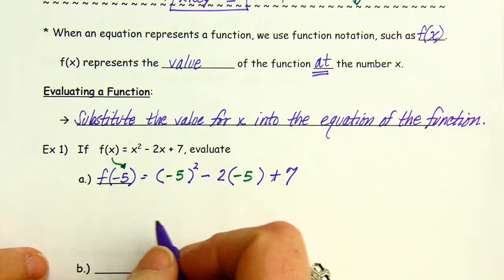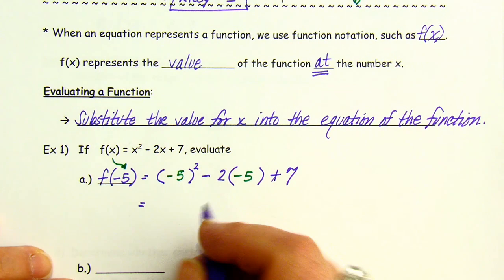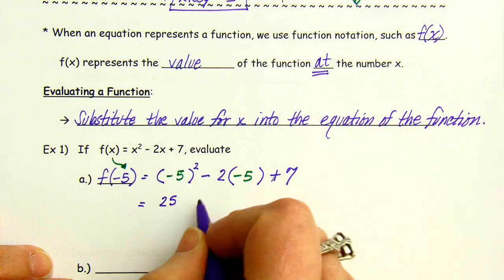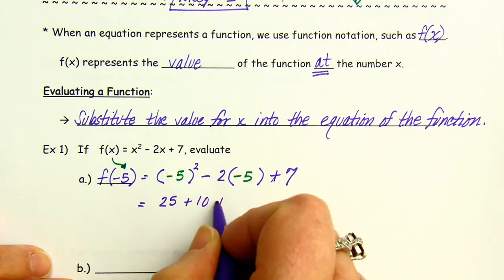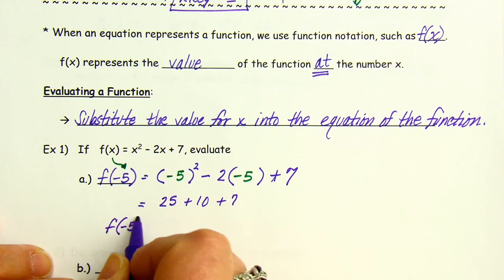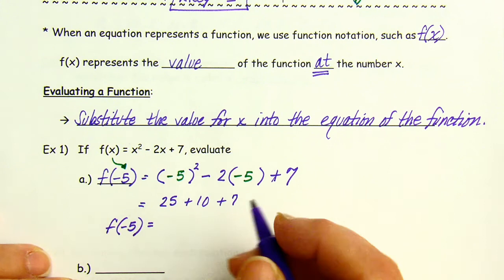All right. You should have seen this in Algebra 2. Whenever you square a negative, it's always positive. Negative multiplied with a negative is positive. Add 7. And so my function value here, f of -5, is 25 plus 10, 35 plus 7 is 42.